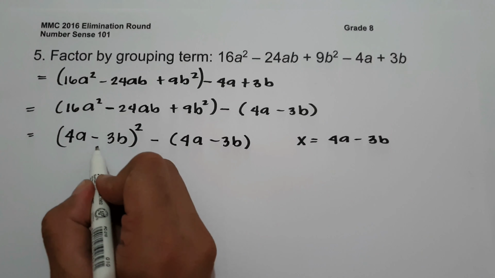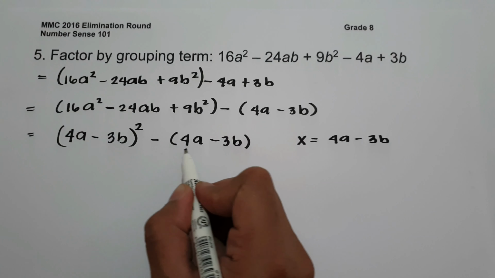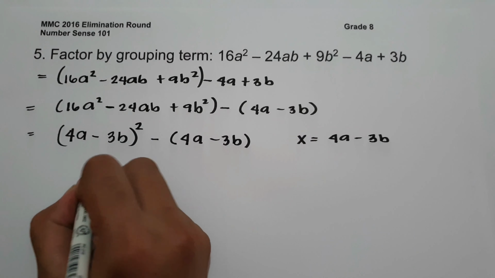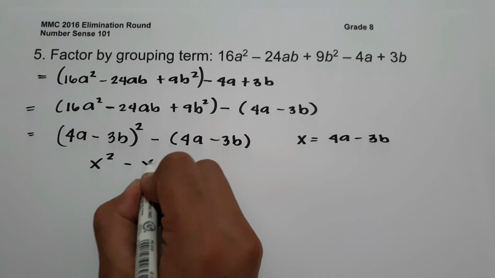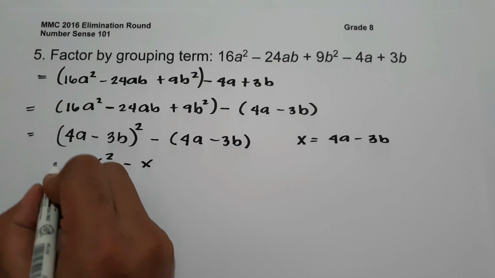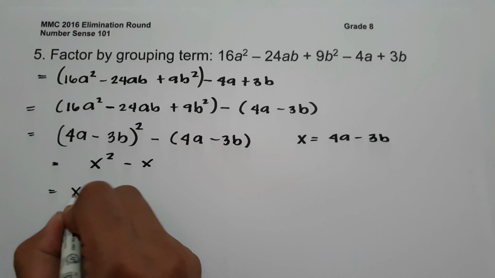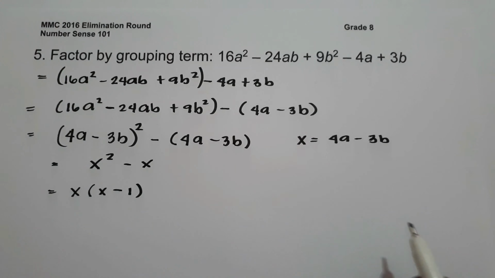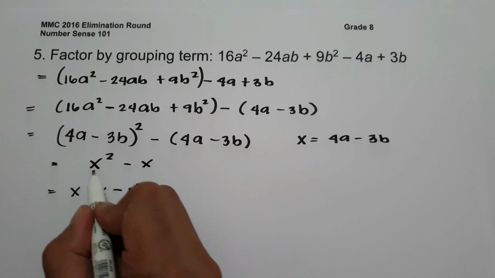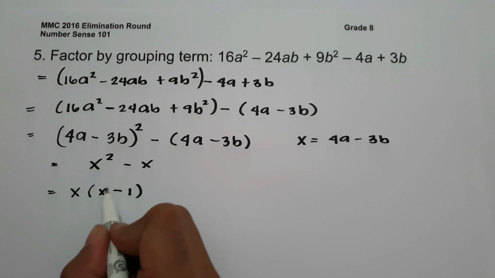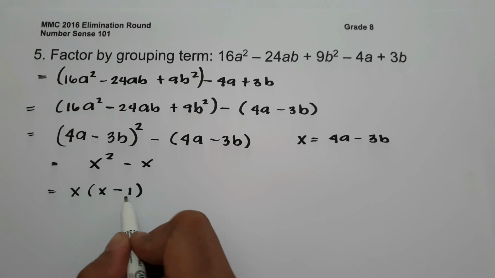So 4a minus 3b raised to 2 minus the quantity of 4a minus 3b can be written as x squared minus x. And to factor this one, we are going to have x times x minus 1. So the greatest common factor of x squared and x is x; x squared divided by x is x, and negative x divided by x is negative 1.